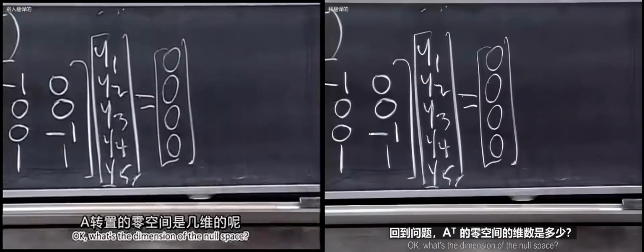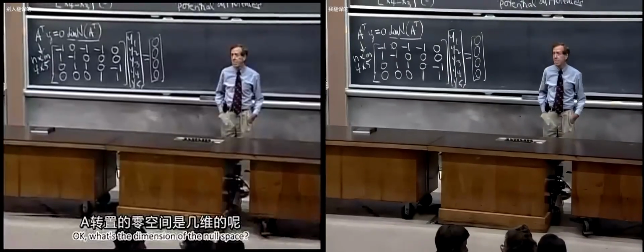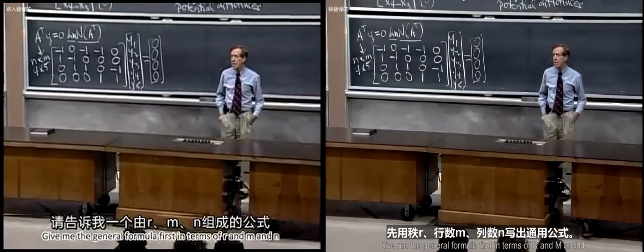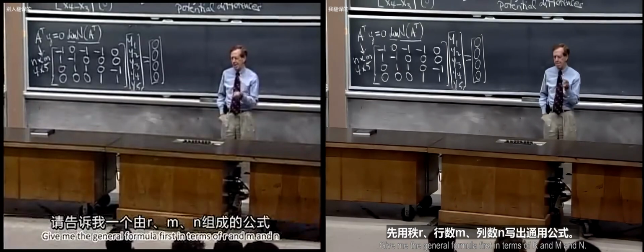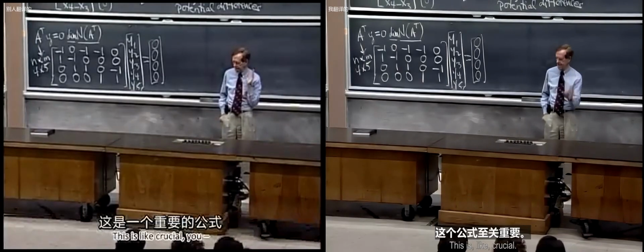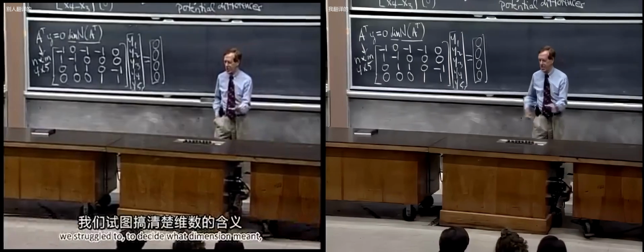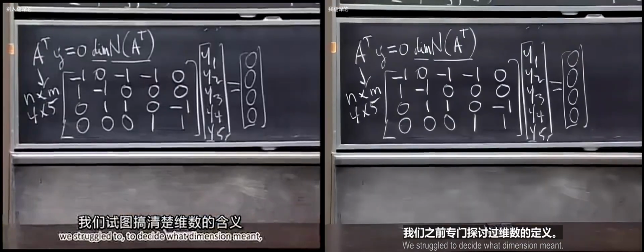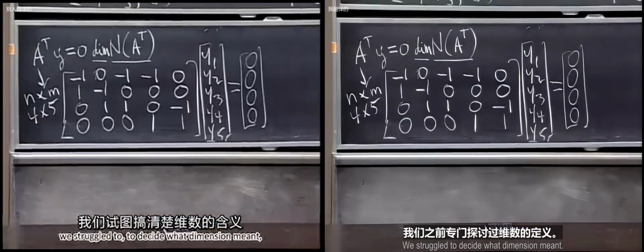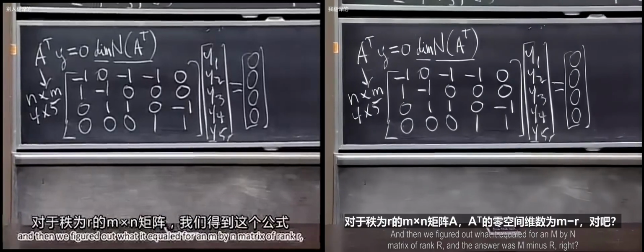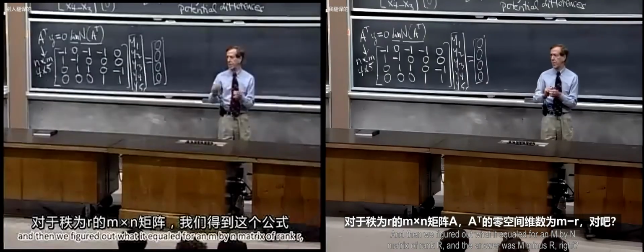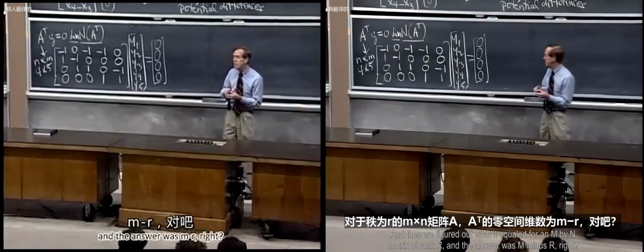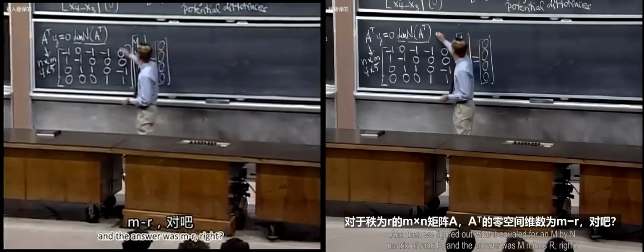Okay, what's the dimension of the null space? Give me the general formula first in terms of R and M and N. This is crucial. We struggled to decide what dimension meant, and then we figured out what it equaled for an M by N matrix of rank R, and the answer was M minus R, right?